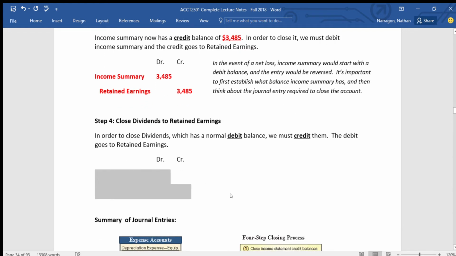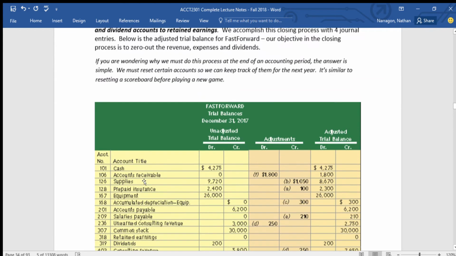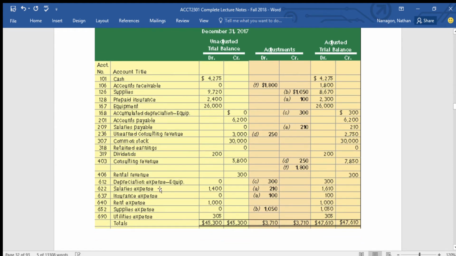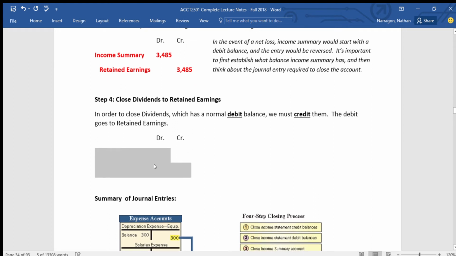So, with that being said, again, dividends is going down to 0. So this one we can again look up to our trial balance, or unadjusted, for the amount. And there's dividends. We find out there's 200. That's debited. We must credit it to get down to 0.